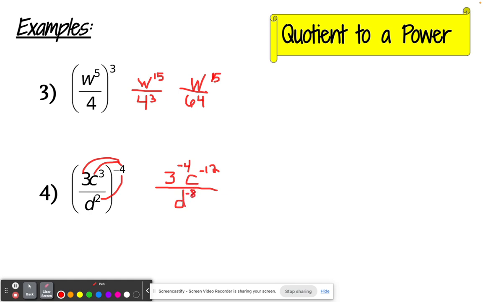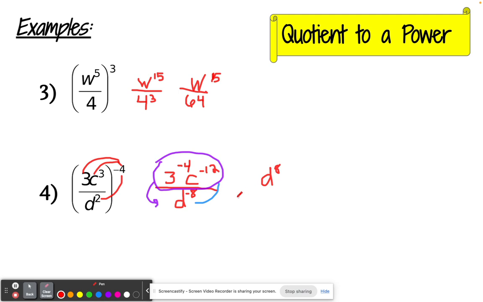Now I have all sorts of negatives. My d to the negative 8 is going to have to move upstairs, whereas both of these, my 3 and my c bases, will have to move downstairs. That will leave me with d to the 8th power in the numerator once that's moved upstairs.